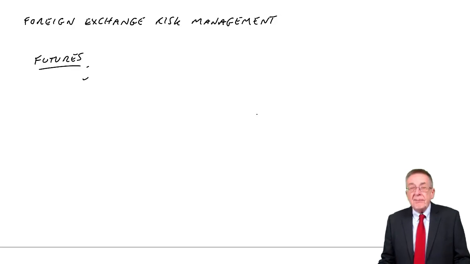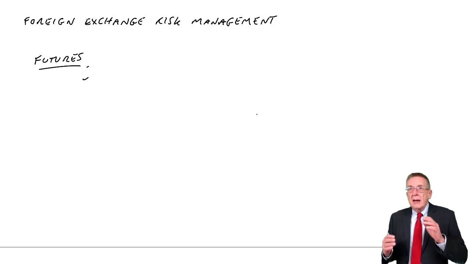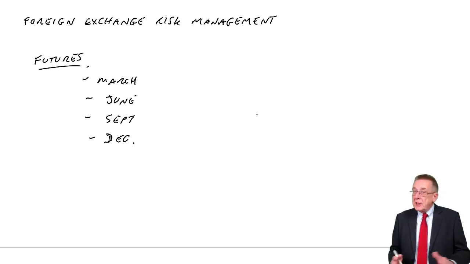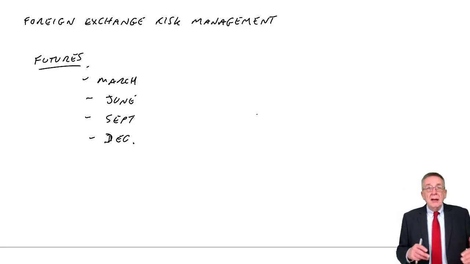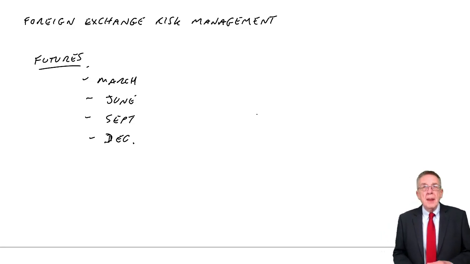Futures, you can get a rate quoted for conversion at the end of March, the end of June, the end of September, and the end of December. So they won't give you a rate for changing in a month's time or 2 months' time.